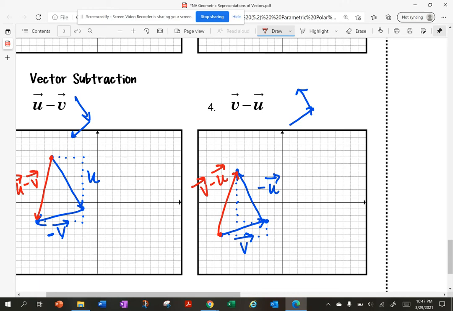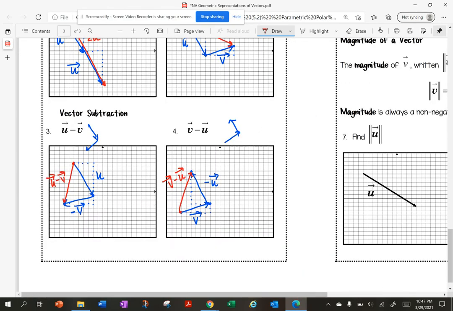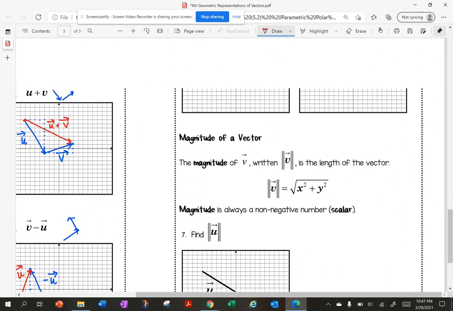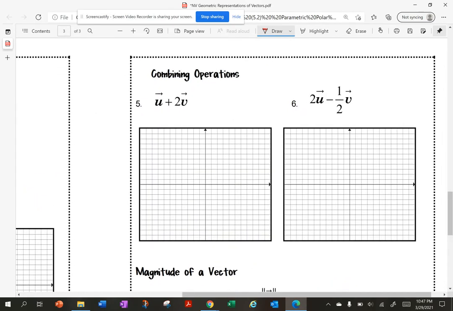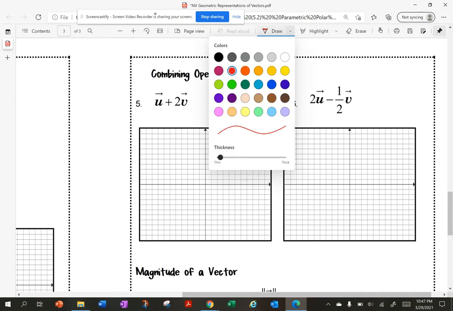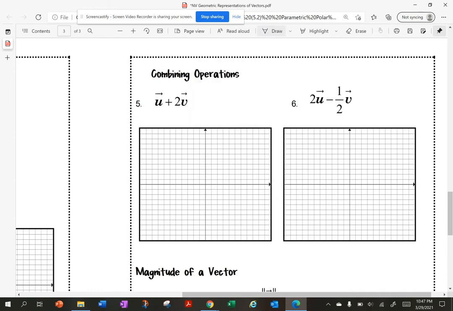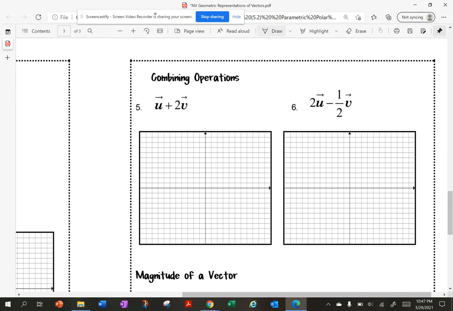When I want to combine vectors, I can do more than 2 operations on a vector. So u plus 2v. So I have 3 vectors involved here. So I'm going to do u, which is down and to the right, and v, up and to the right.